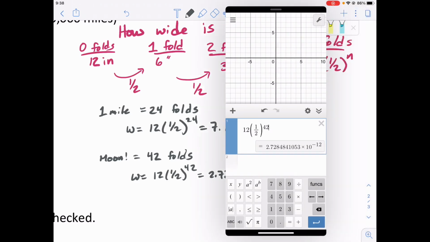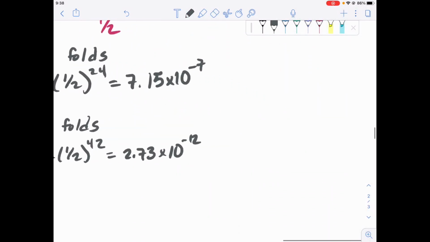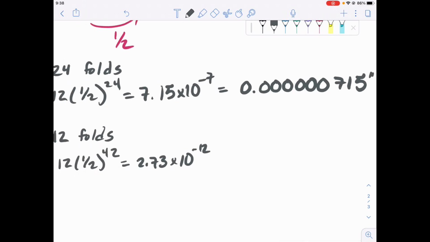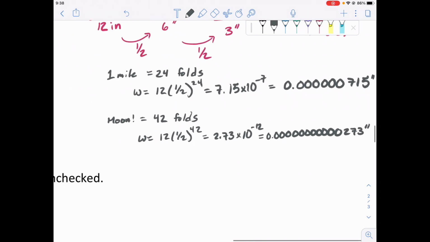All right, so let's look at what that means. So that means we've got 0 point, and then we've got 6 zeros. 1, 2, 3, 4, 5, 6, 7, 1, 5 inches. That is tiny. It's even worse here. We've got 11 zeros. 1, 2, 3, 4, 5, 6, 7, 8, 9, 10, 11. 273 inches.